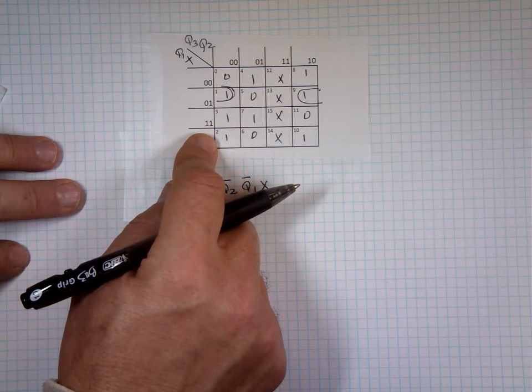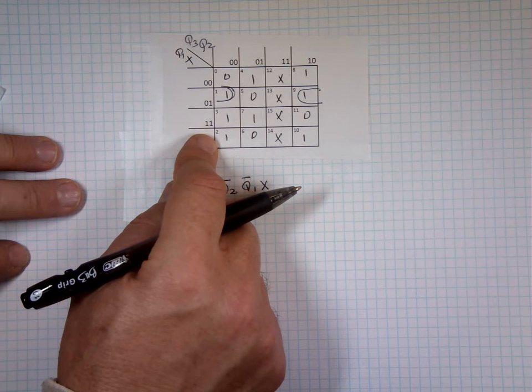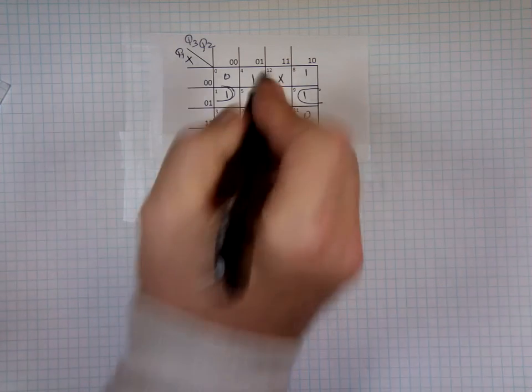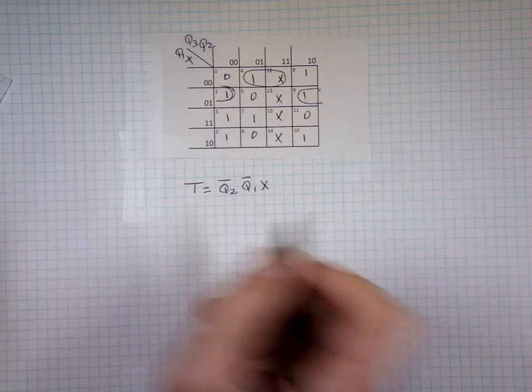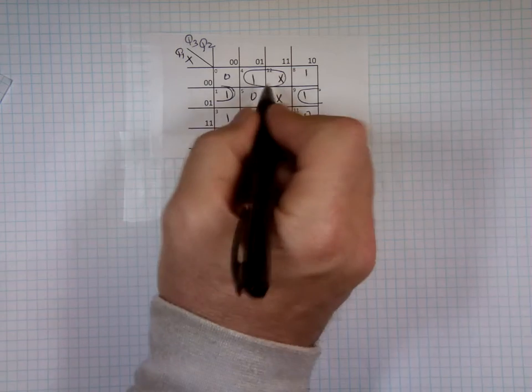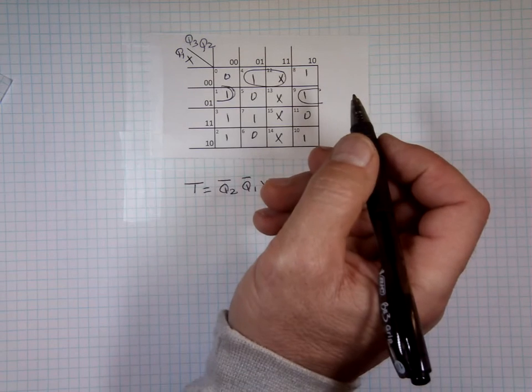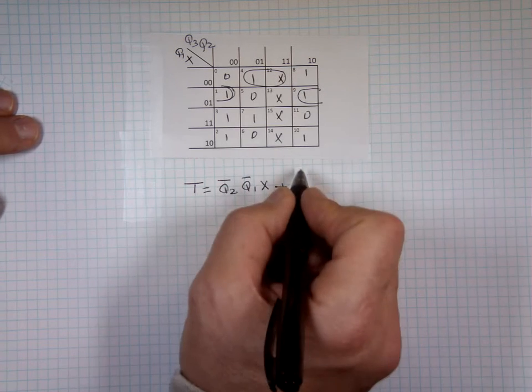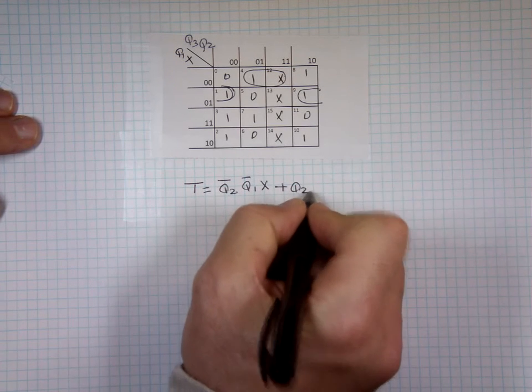I would deal with the one in spot 4 first because it can only go right. Yeah, you're stuck with 4. You don't have a choice. It's not going to change anything. And that will be Q2, Q1 naught, X naught. Top right can either go with that.